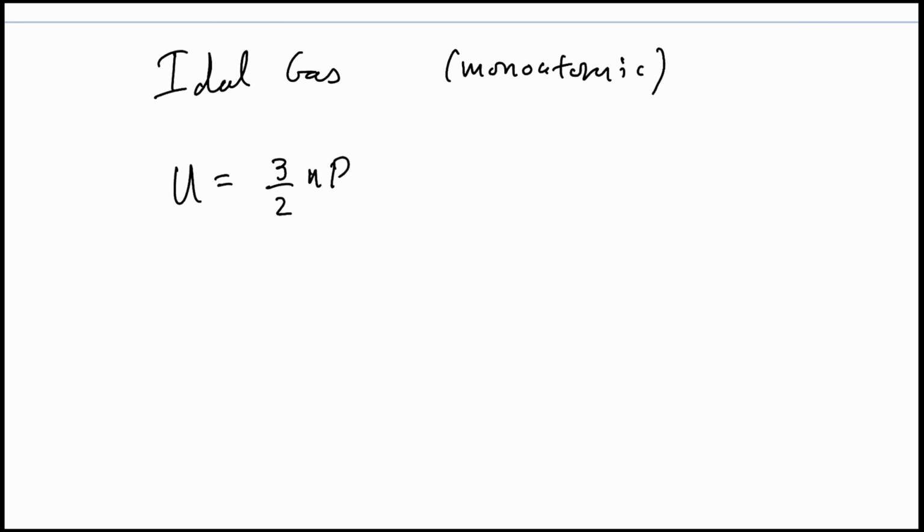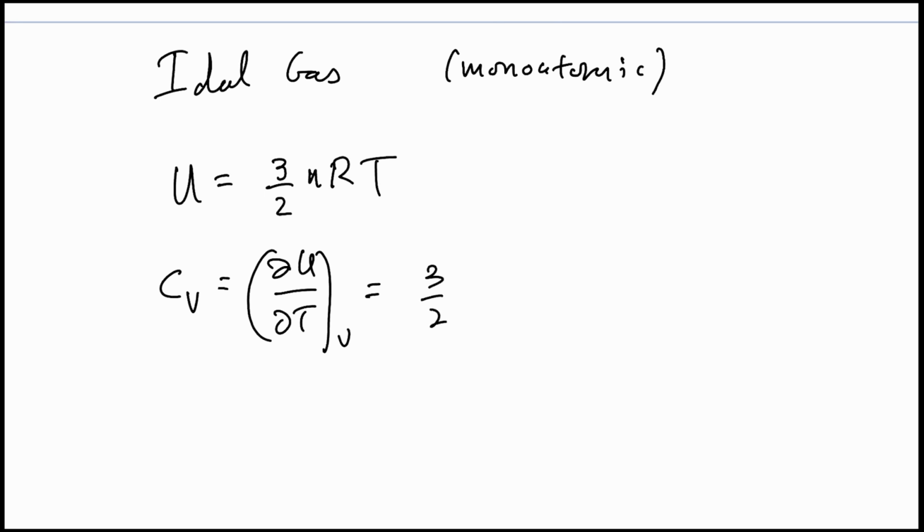And so we have U equals 3 halves nRT, which is one of the equations of state along with PV equals nRT for the ideal gas. And we saw before, C sub V is partial U, partial T, at constant V. And so that's 3 halves nR.